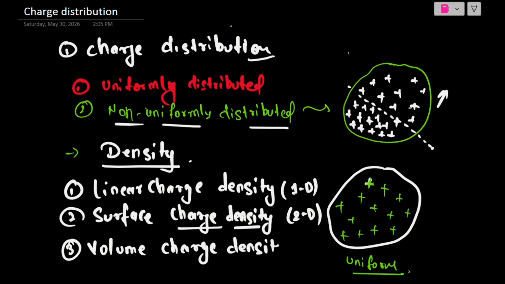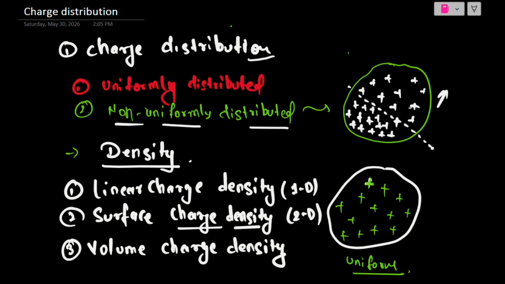Now, actually the space is made up of volume, and charge is distributed in a volume, never in just a certain length or a certain area. It's actually distributed in a volume. In some particular cases the charge is distributed on a surface area.